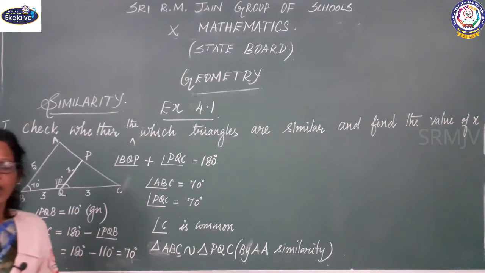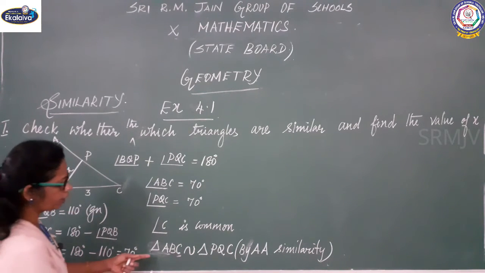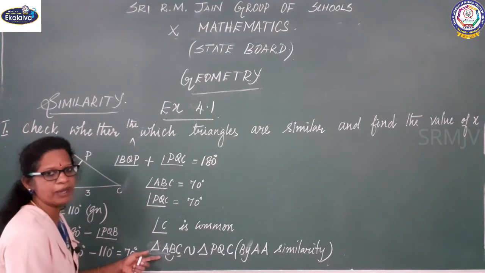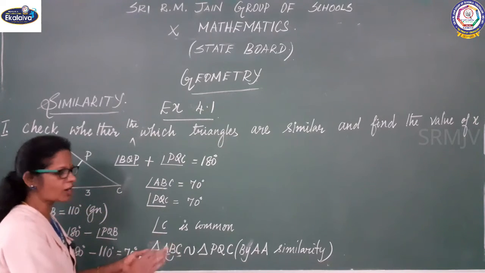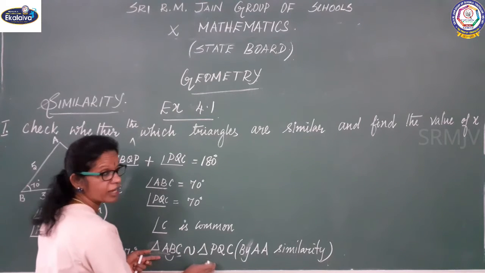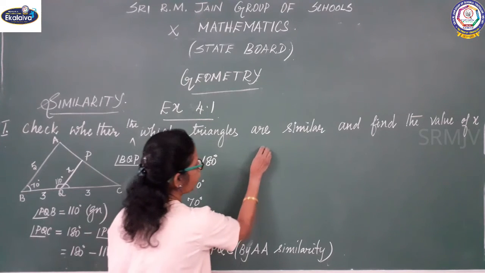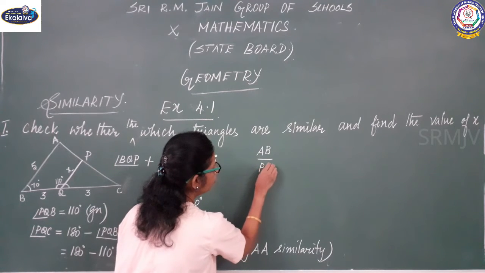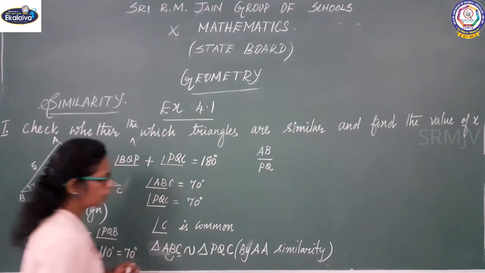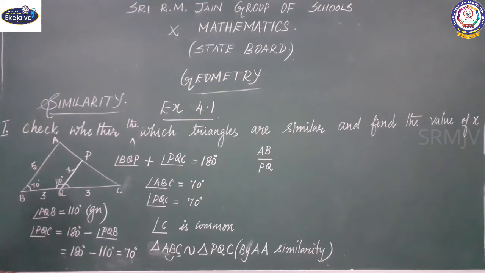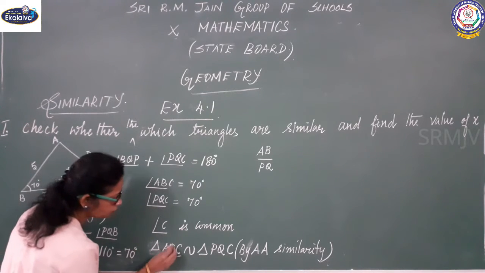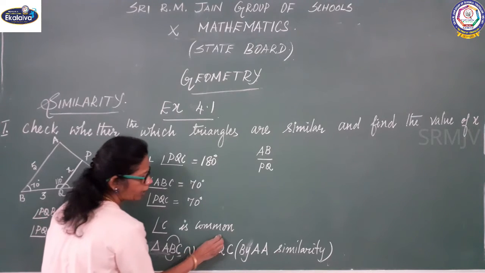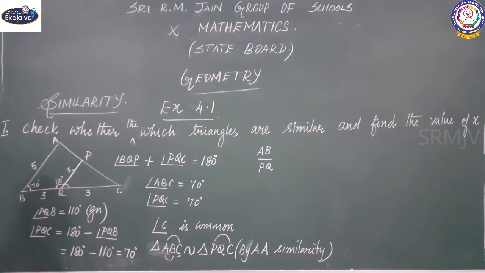Corresponding sides are proportional. How to write the corresponding sides? You see, if I selected AB, I am moving towards the right, the same way I can apply here also. How can I write? AB divided by PQ. Next, AC divided by PC.